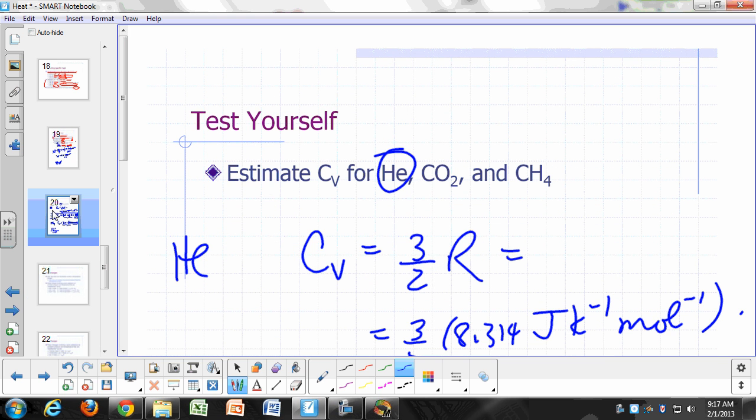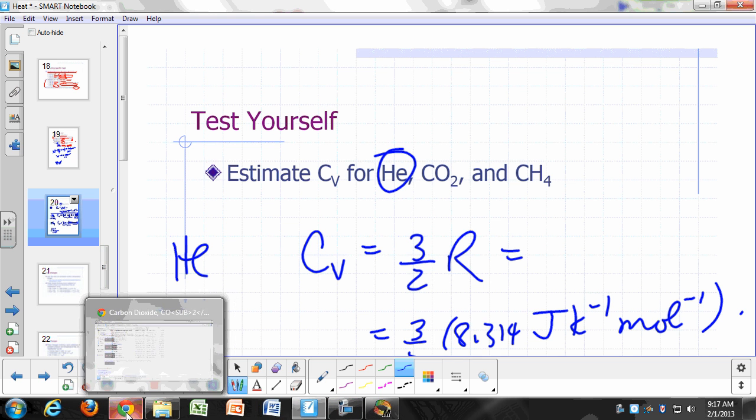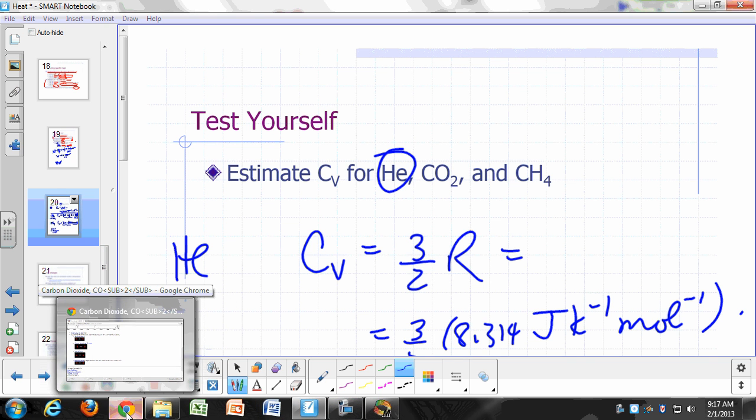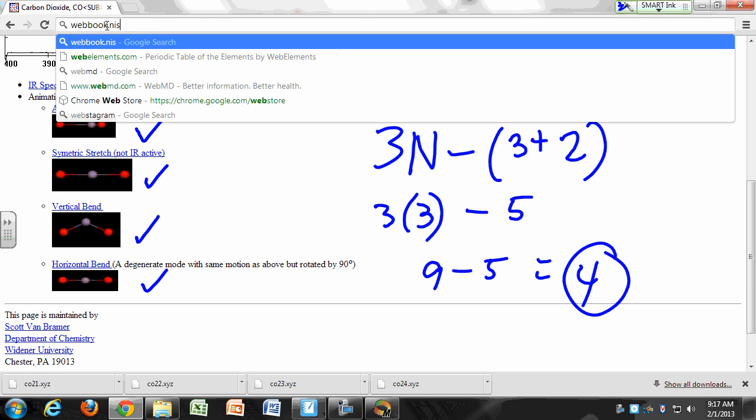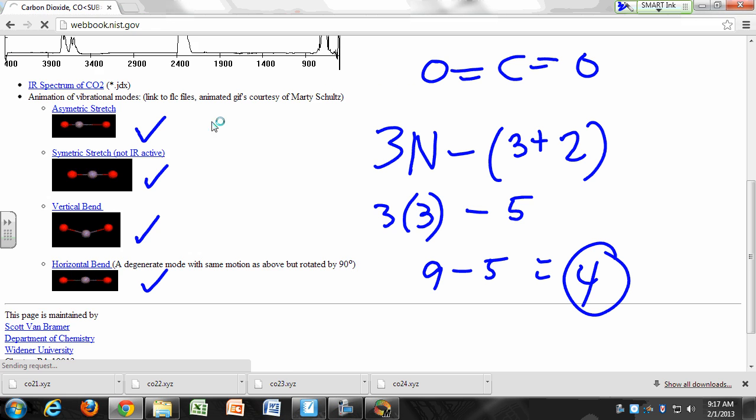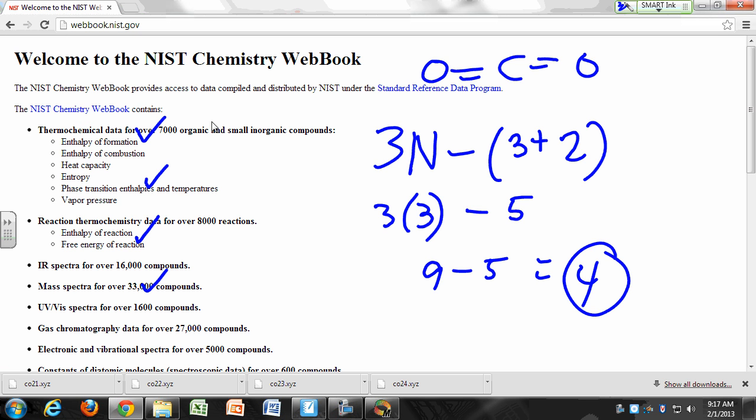How can we look up those heat capacities, by the way? A good place to look for them is the NIST webbook. Let's see, webbook.nist.gov.